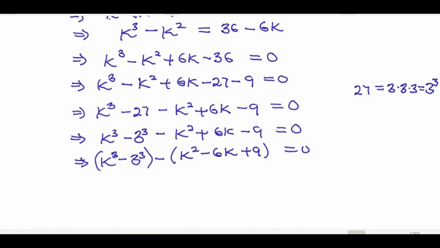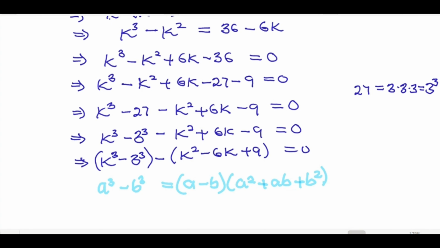Let's look at this identity. If you have a to the power 3 minus b to the power 3, it is defined as a minus b, brackets open, a squared plus ab plus b squared.